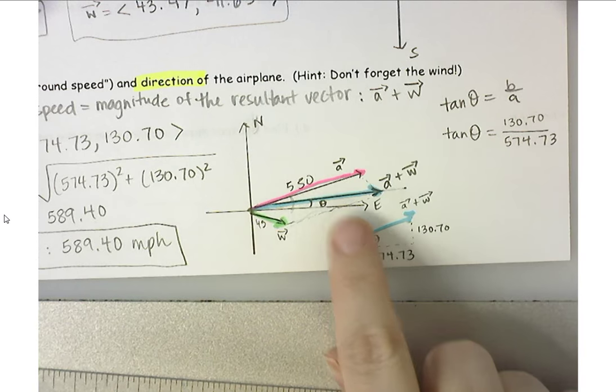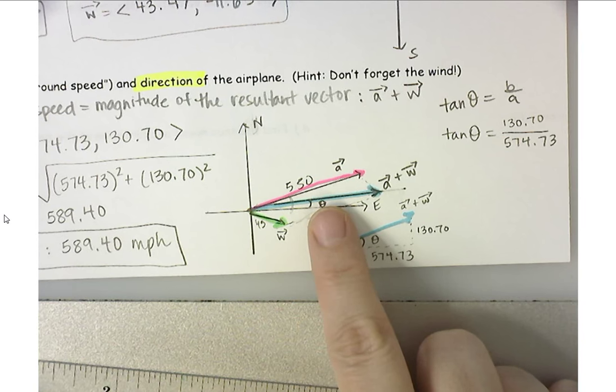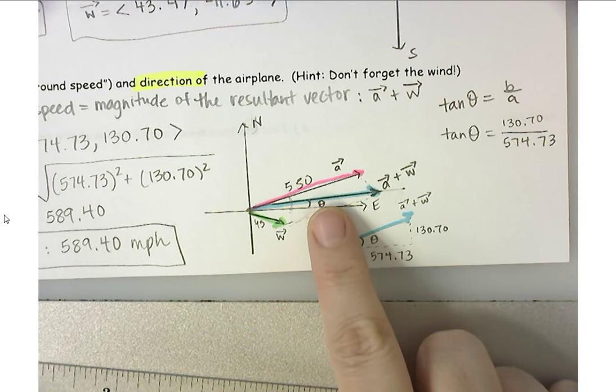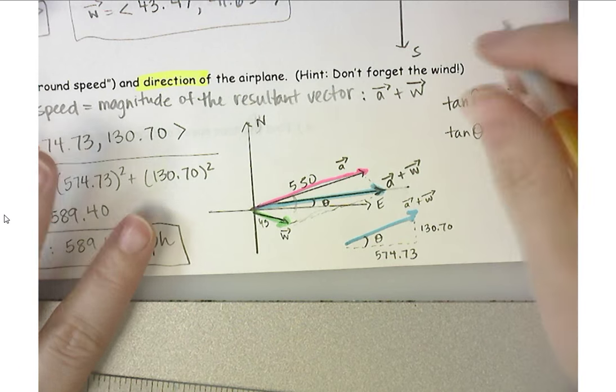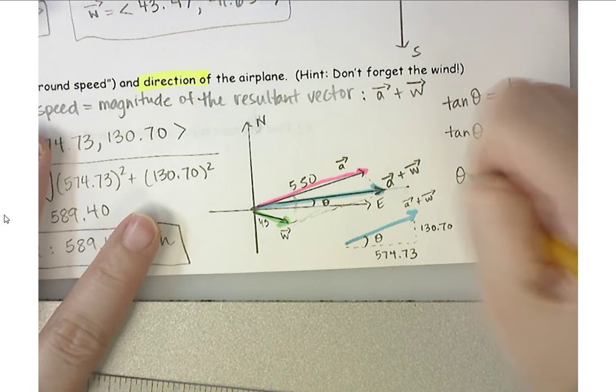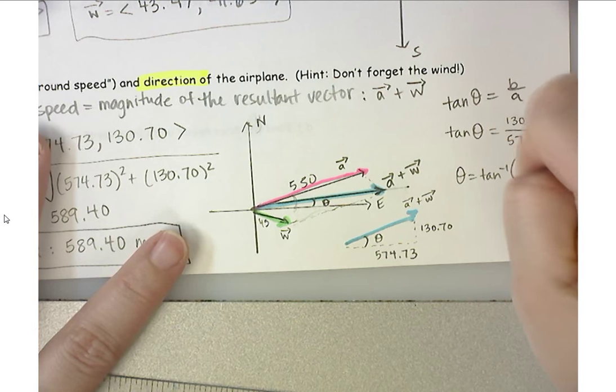The reason why it's important to set up this picture is so you can physically see where the airplane should be going, because it doesn't have to be going northeast. It can be in any of the quadrants, and as we practice this more, we will work on that.